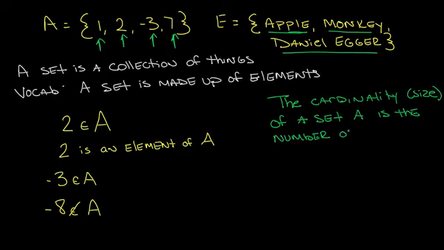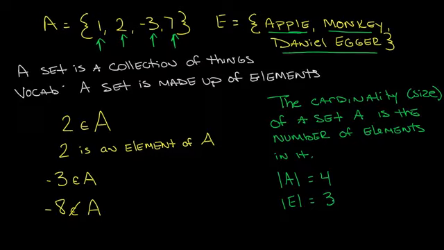And usually we use this notation, absolute value of A. It looks like the absolute value symbol, which we'll talk about later. So in this particular case, where A is equal to 1, 2, minus 3, 7, the cardinality of A is 4. And the cardinality of E in this case, let you think about that for a little bit, is 3. Okay, that's really all there is to cardinality.